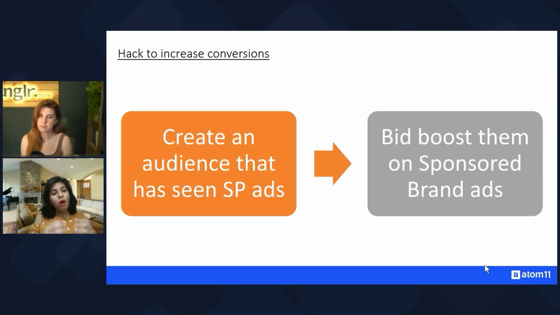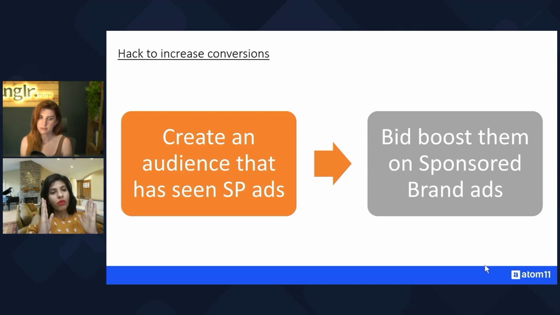You can create an audience that has either seen your sponsored product ad or has clicked on your sponsored product ad. Once you've built this audience, which is about 1 minute of work because this audience is pre-built within the Amazon ad console or the Amazon Marketing Cloud console, all you have to do is add one or two things.